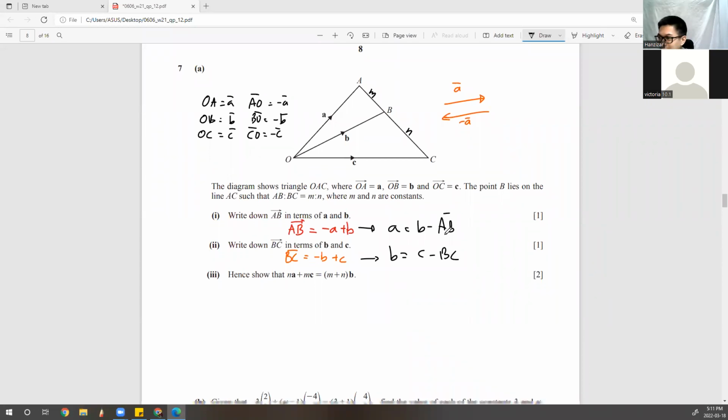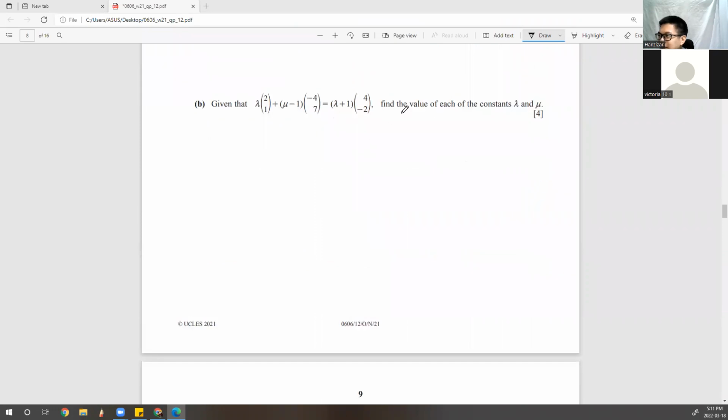Now for part b, given this, find the value of each constant, lambda and mu, right? So this is the vector times the scalar.